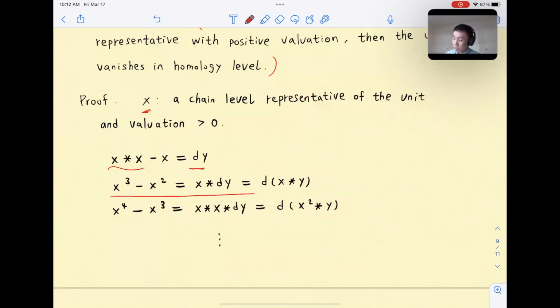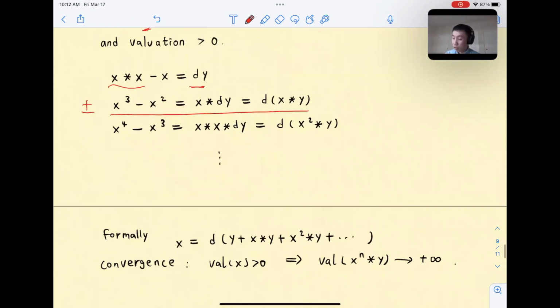So we get the second equation. By the graded Leibniz rule, I have d of X times Y. Again, here I'm omitting those positive and negative signs. Then we can keep doing that. We have a sequence of equations. The last step is just to formally add them up. Formally, on the left-hand side you can see lots of cancellation happens. What is left is just X, and the right-hand side is d of an infinite sum.